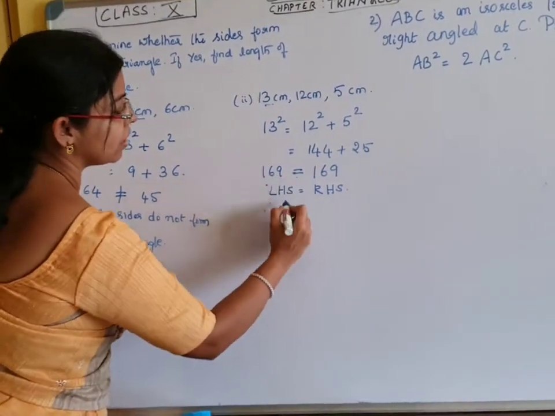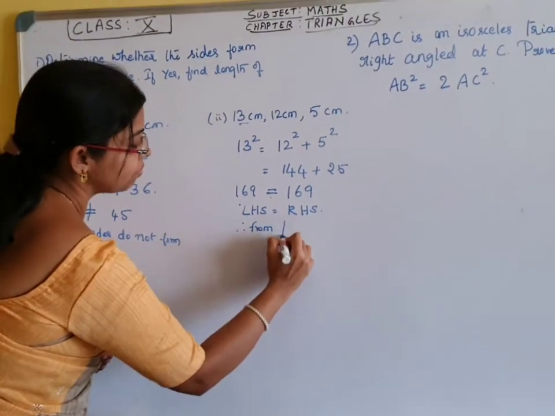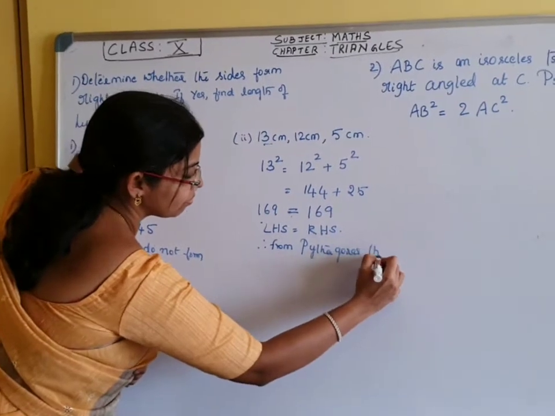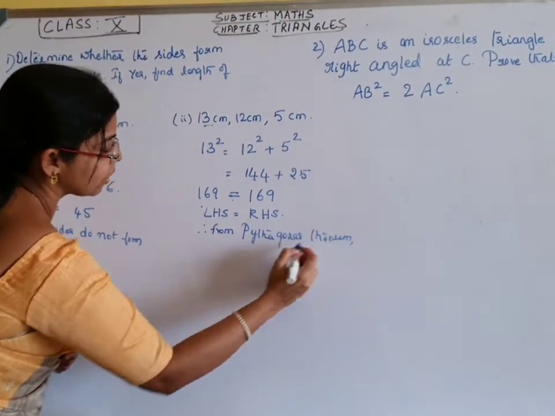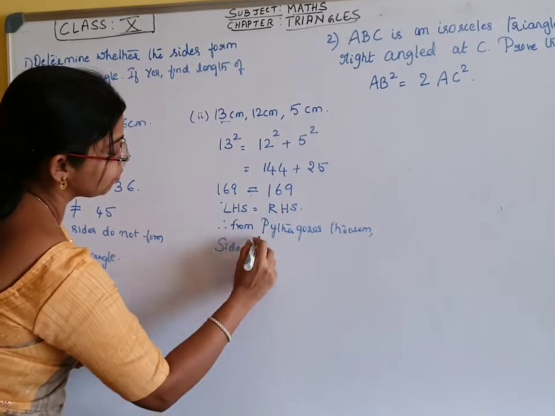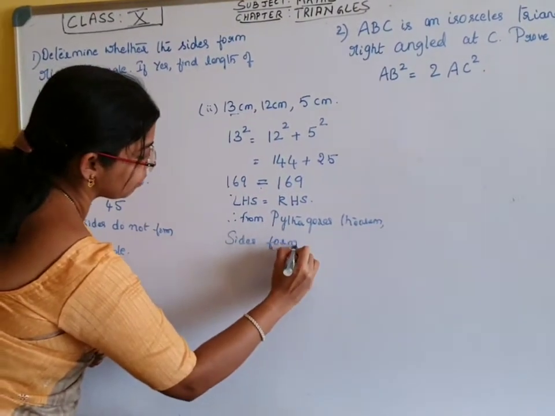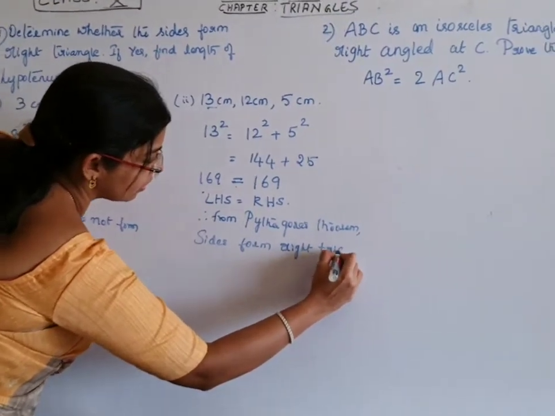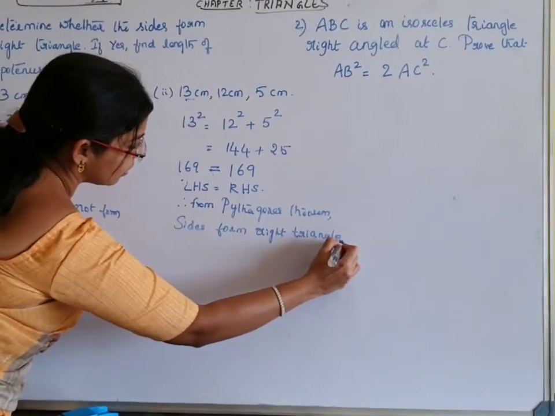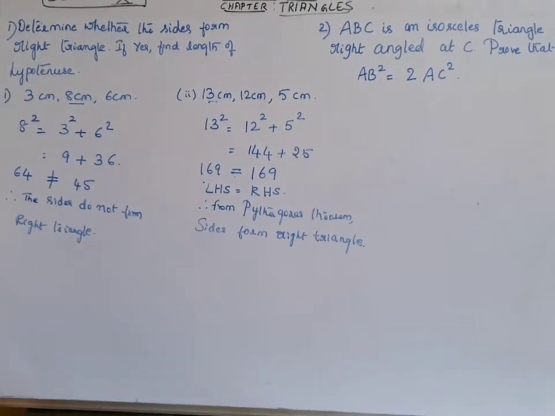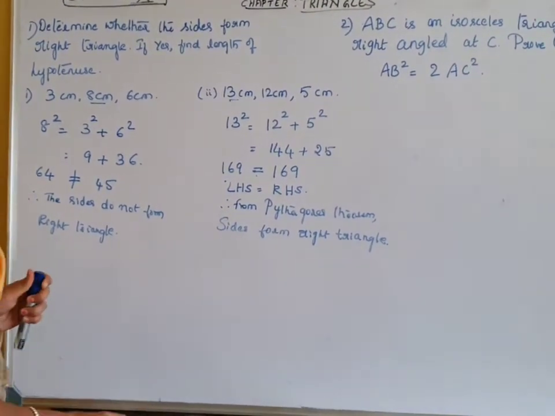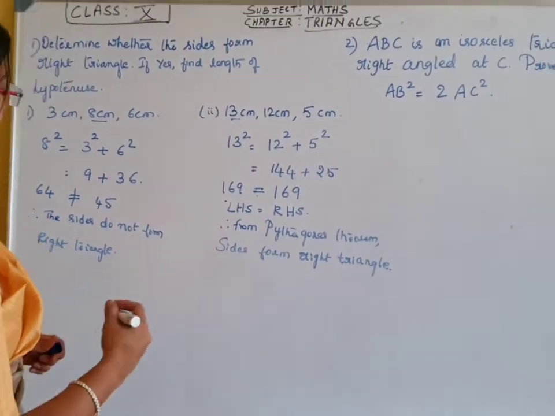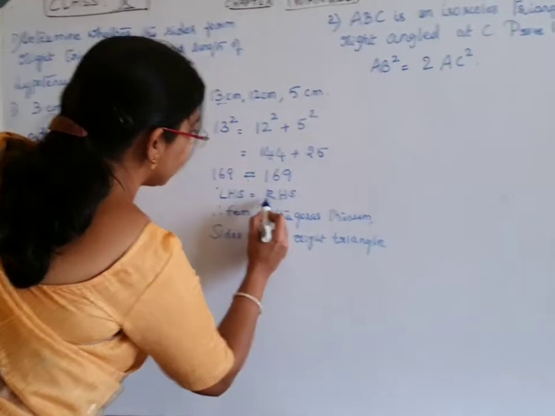Therefore, from Pythagoras theorem, the sides form a right triangle. This is actually from the converse of Pythagoras theorem.